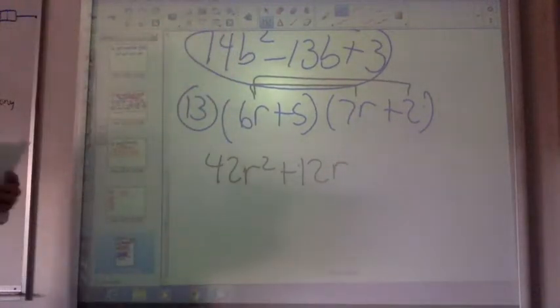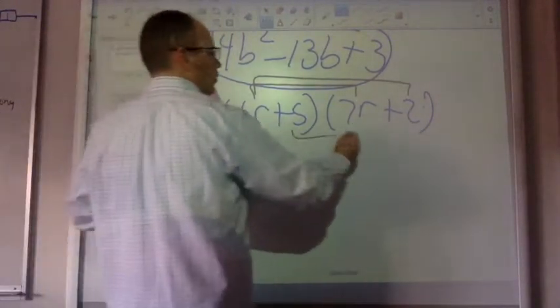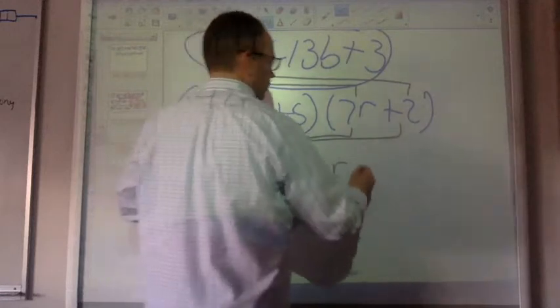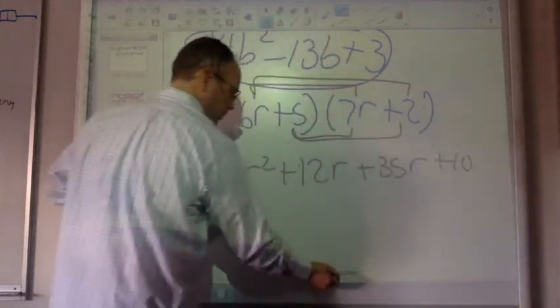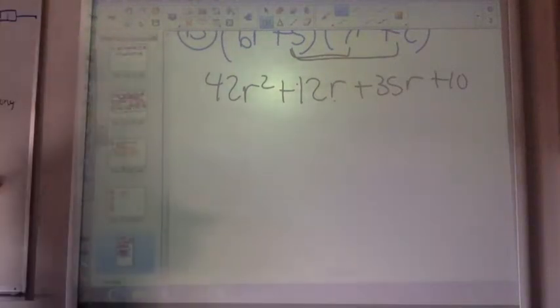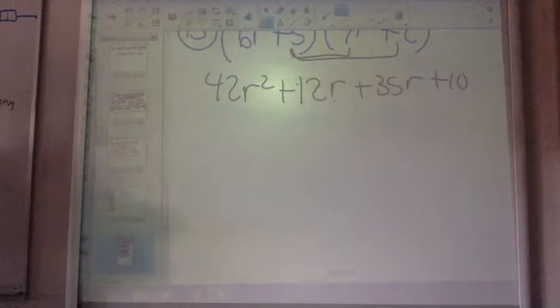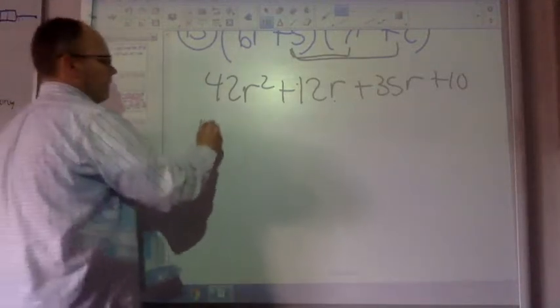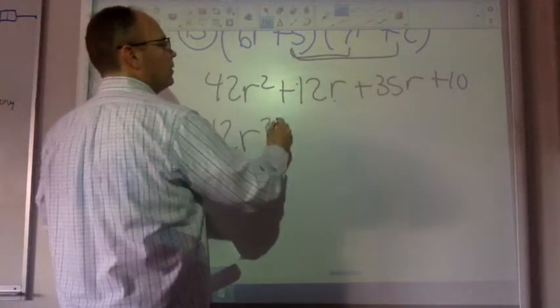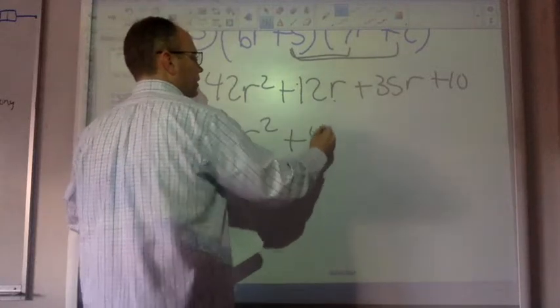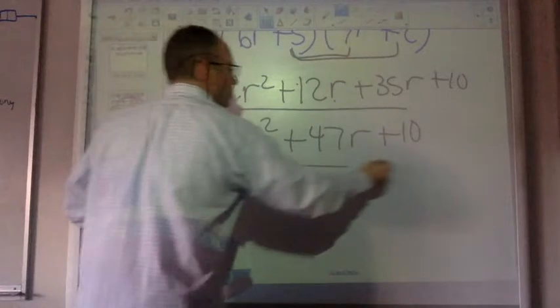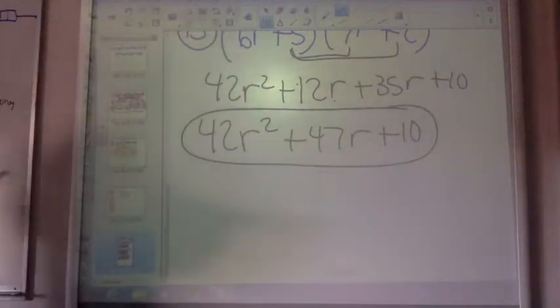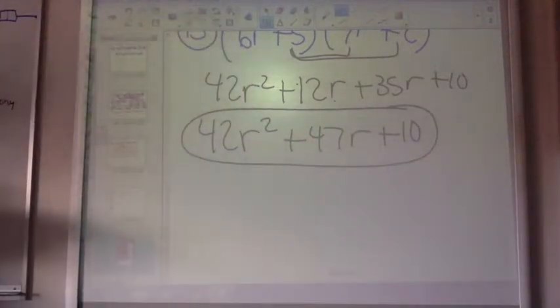So you get that, and then I'm going to distribute the 5 over. So I get to that. I have like terms. I have a 12r and I have a 35r, so we can combine those together. What is it? 47? Yeah. Good. That was 13, right?